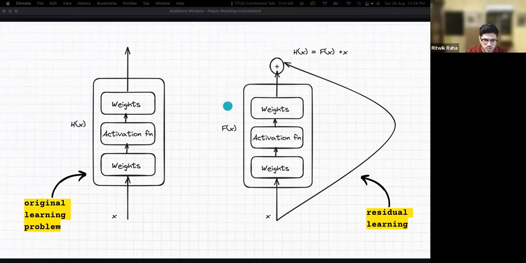We are trying to approximate this part of the network, which is f(x), and can be called h(x) minus x. So we are trying to learn the difference. We are trying to learn the residual, and that's why it's called residual learning. And please tell me if this is not clear right now. Bombard me in the chat, because this is really the stepping stone to moving forward.